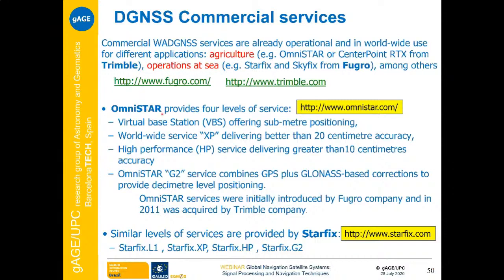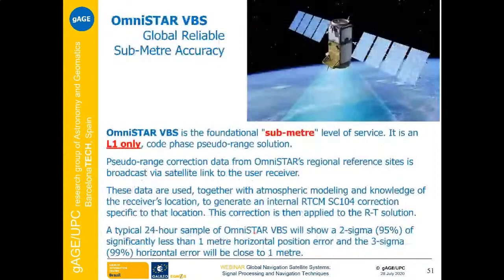In Trimble, we have OmniStar, and we have 4 different types of products: virtual base station, worldwide service, XP, high performance service, and similar products are provided by Fugro. Well, these products are, for instance, the OmniStar.